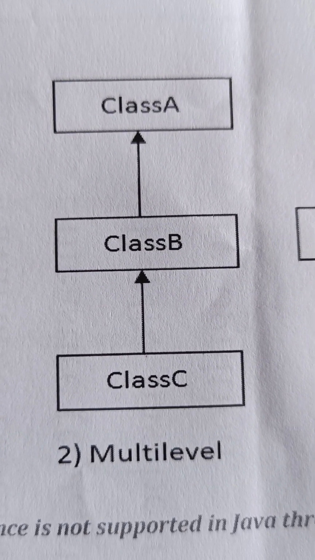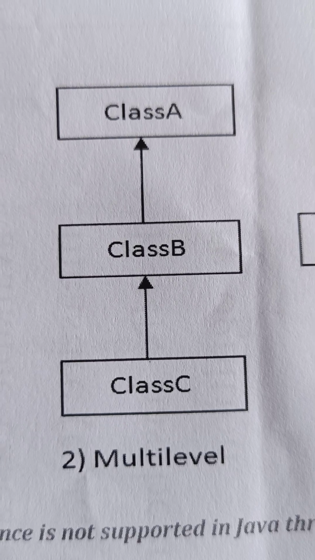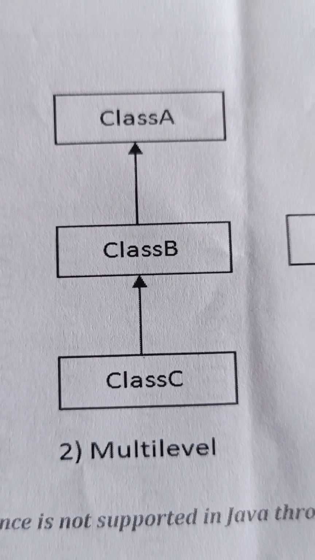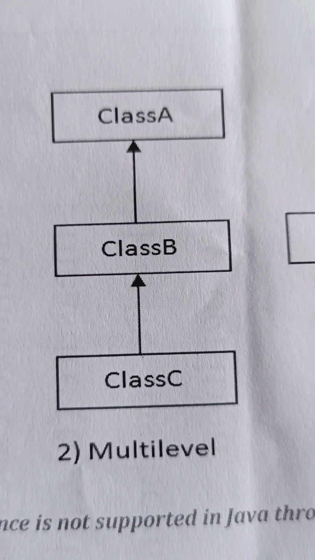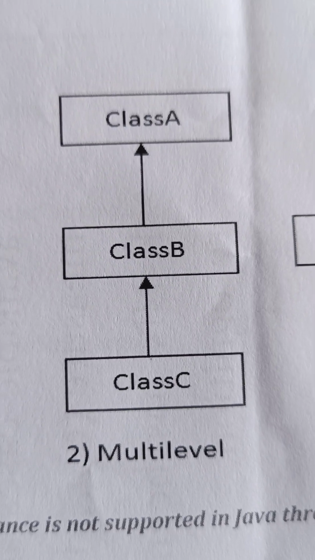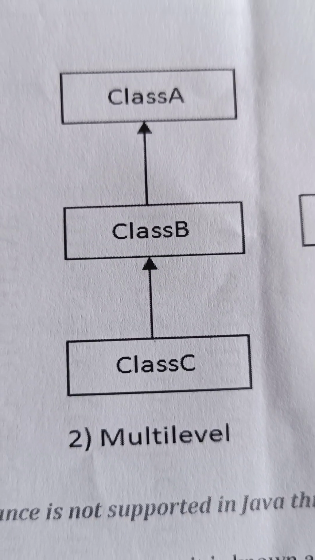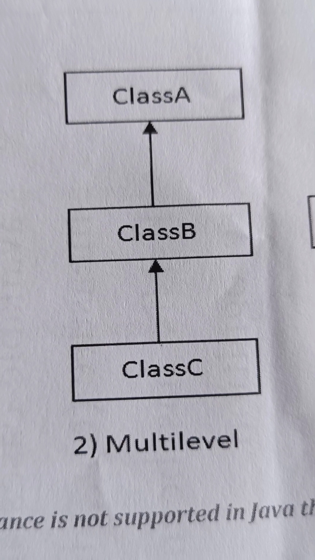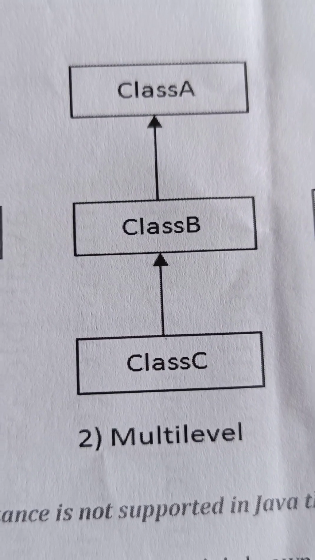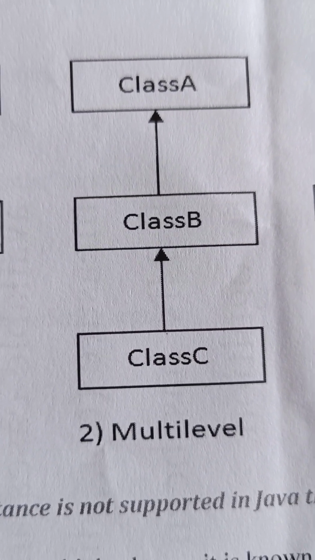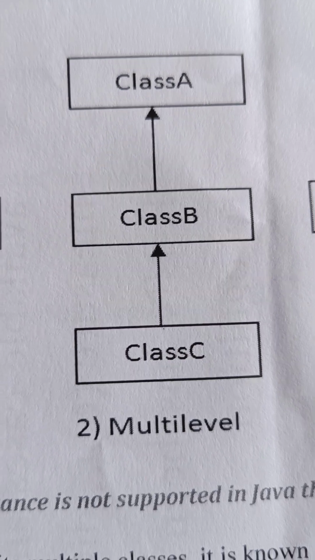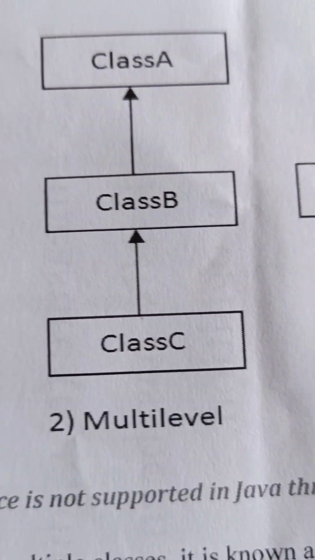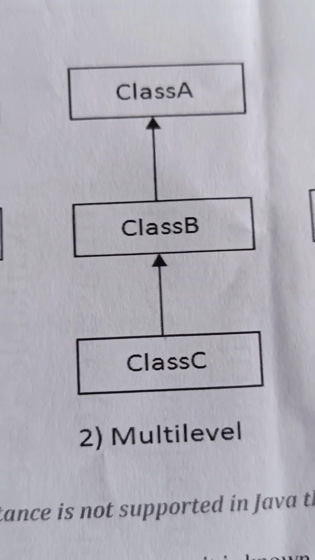It will have 2, and it will inherit the features of B, and B inherits the features of A. So 2 plus 2 plus 2, 6 acres. Class B has 2 acres plus class A's 2 acres, so totally 4 acres, and class A has 2 acres.